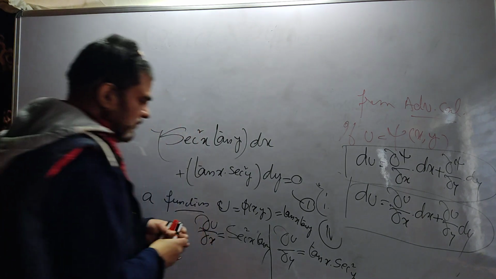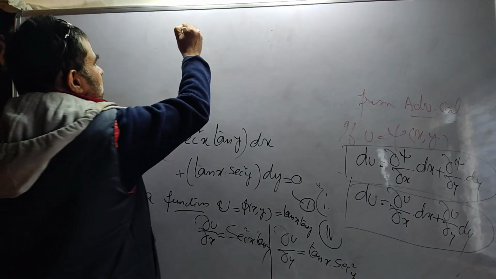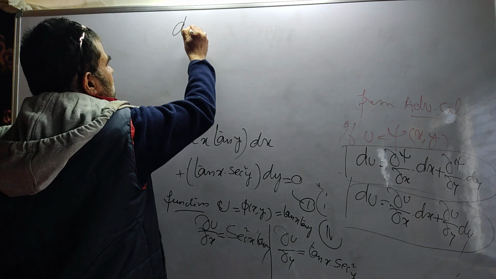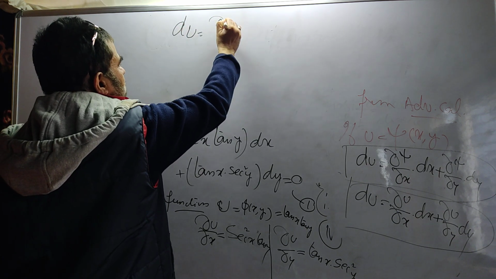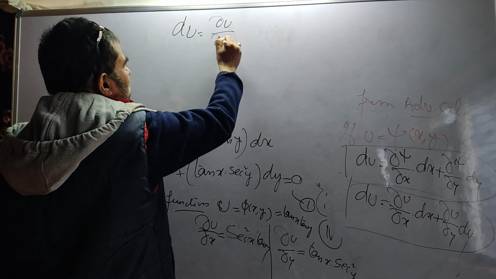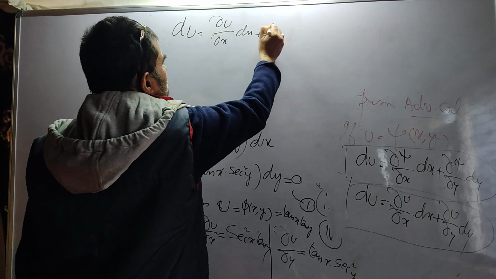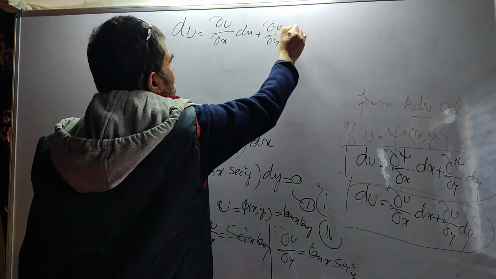What will you get? You write du is ∂u/∂x dx + ∂u/∂y dy.